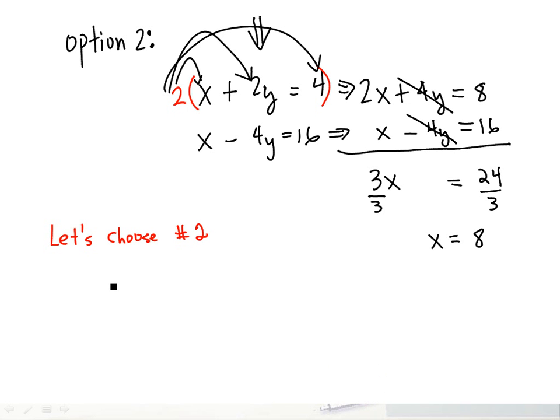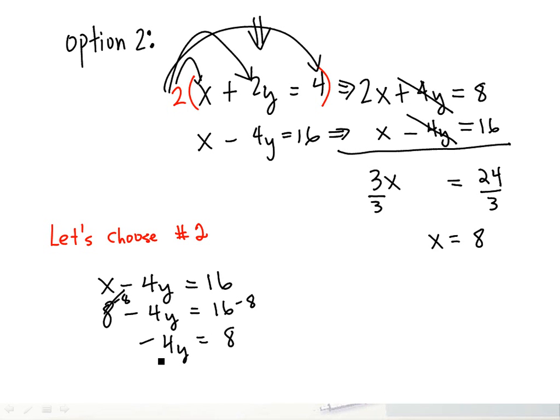So equation 2 is x minus 4y equals 16. If you plug in an 8 in the place of x and solve for y, we'll subtract 8, and that becomes negative 4y equals 8, and divide by negative 4, we get y equals negative 2.